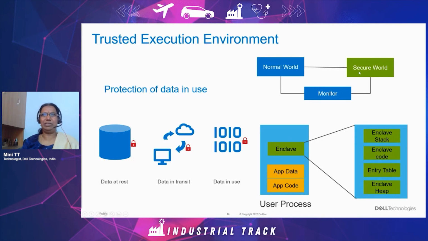ARM TrustZone defines a normal world and a secure world, and then you can switch between them. Whereas in Intel SGX, there are secure computing enclaves, and inside the enclave you have your enclave stack code, your entry tables and heap, and you can enter into the secure enclave, finish your computation, and then come out, and no data is shared between your secure enclave and the non-secure world.